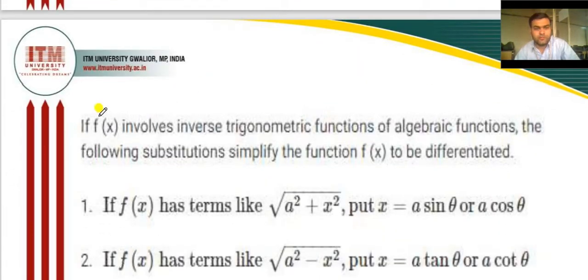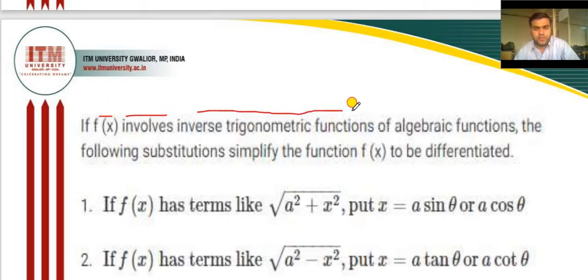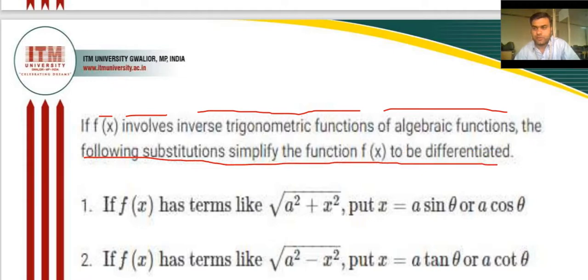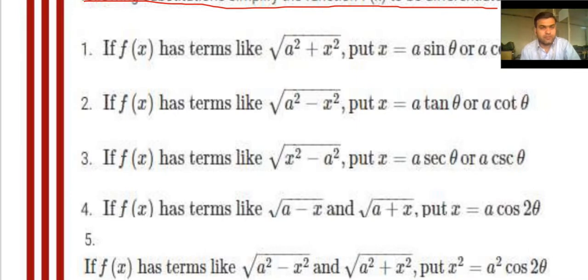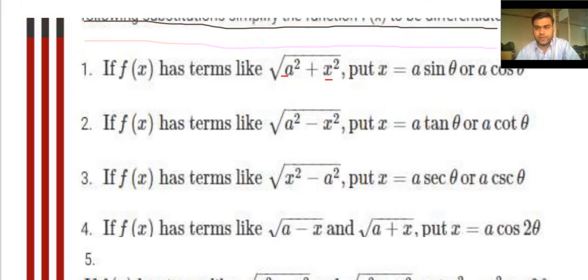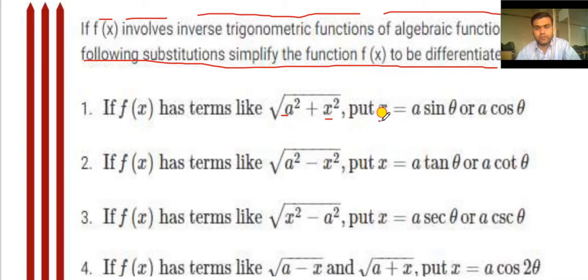If your f(x) function involves inverse trigonometric functions of algebraic functions, the following substitutions simplify the function f(x) to be differentiated. Number 1, if f(x) has terms like under root a square plus x square, then we put x = a tan theta or a cot theta.